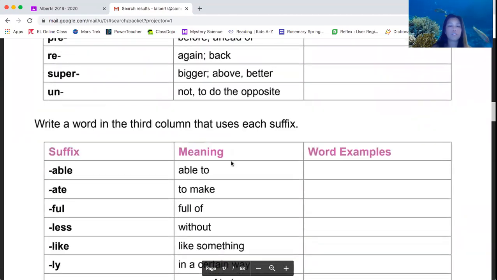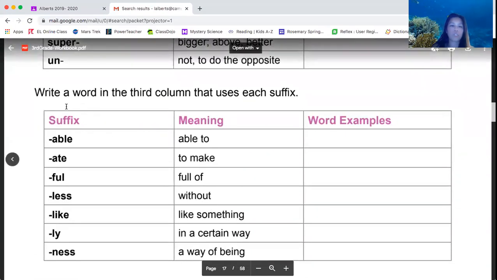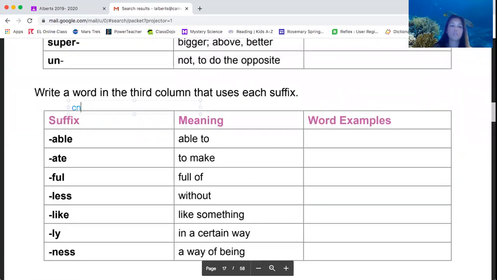Okay, going down to suffixes. So if prefixes come at the beginning of a root word, suffix comes at the end of a root word. Okay. So the first one they give you is able, which means able to. And so I might say like walk, oops, let me get my text box.